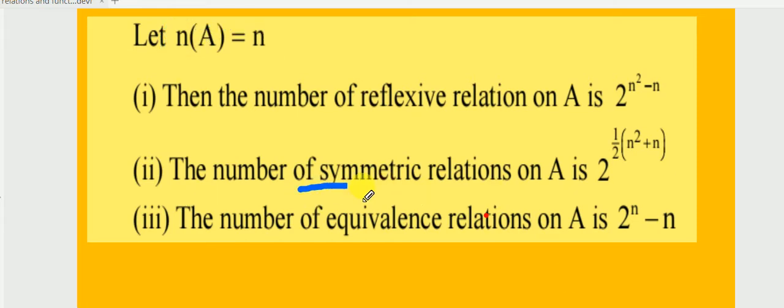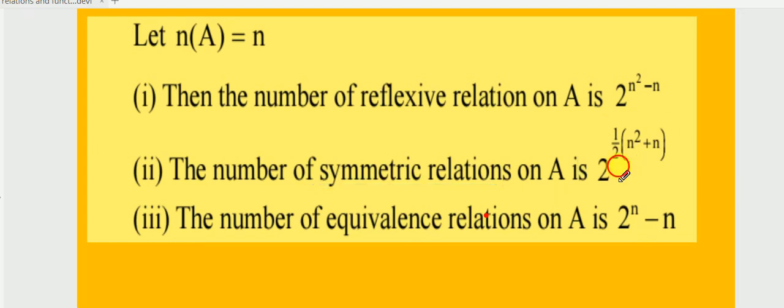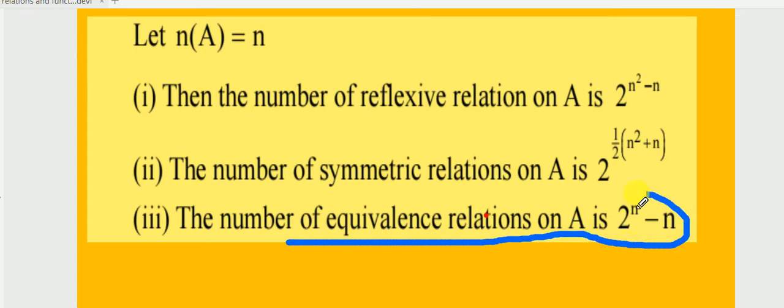Similarly, the number of symmetric relations on A is given by 2 to the power of 1/2 into (n square plus n). So this formula gives you the number of symmetric relations on the set A. Similarly, the number of equivalence relations on the set A is given by 2 to the power of n minus n.